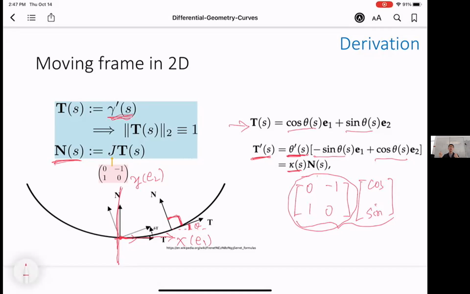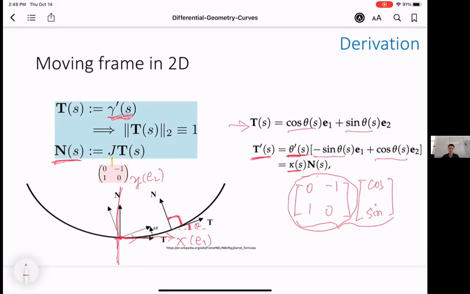This is saying that if I'm driving along this curve, when I'm driving a unit length, how much should I turn my steering wheel, like the angle theta, to stay on the curve, right? So this is the curvature. Also, you can think of it as how curved your curve is. If your curve is very curved, then just driving a small distance, you need to turn your steering wheel a lot. So that gives you a large curvature.